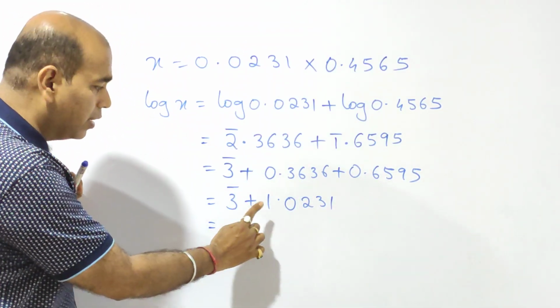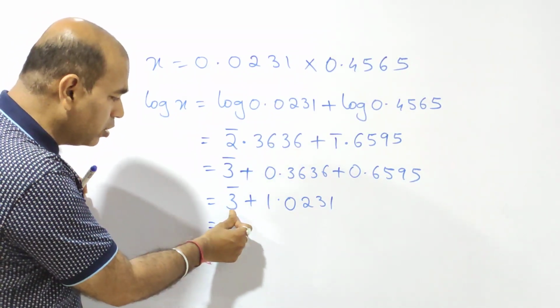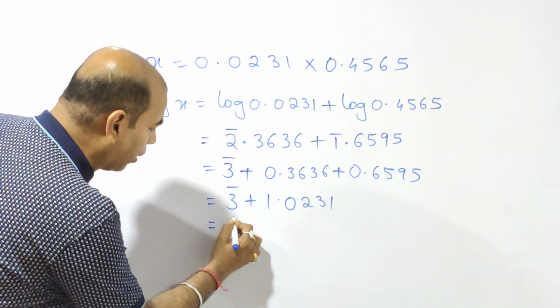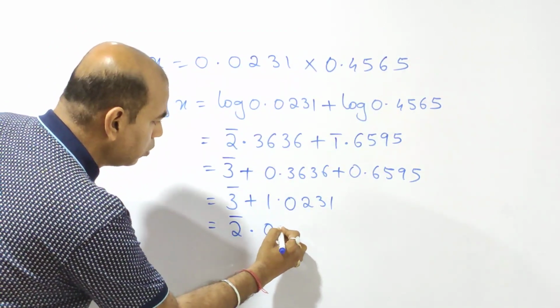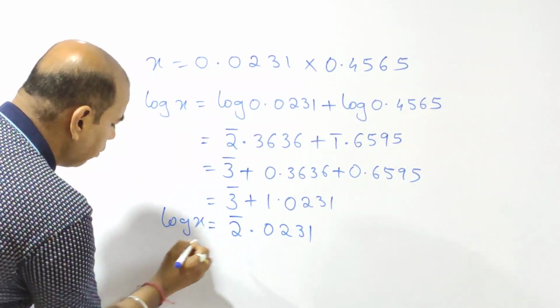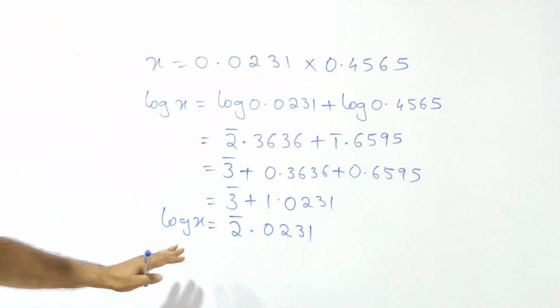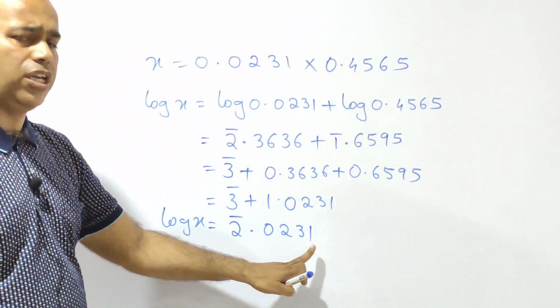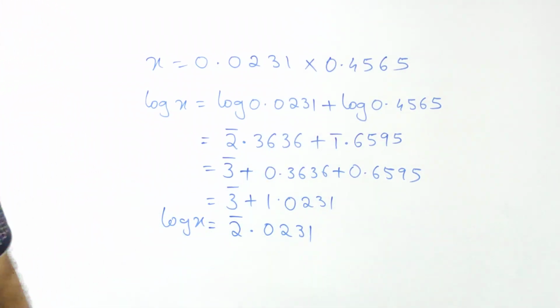This is 3 bar, this is 1, so I will calculate it and make it 2 bar 0.0231. So log x equals 2 bar 0.0231.